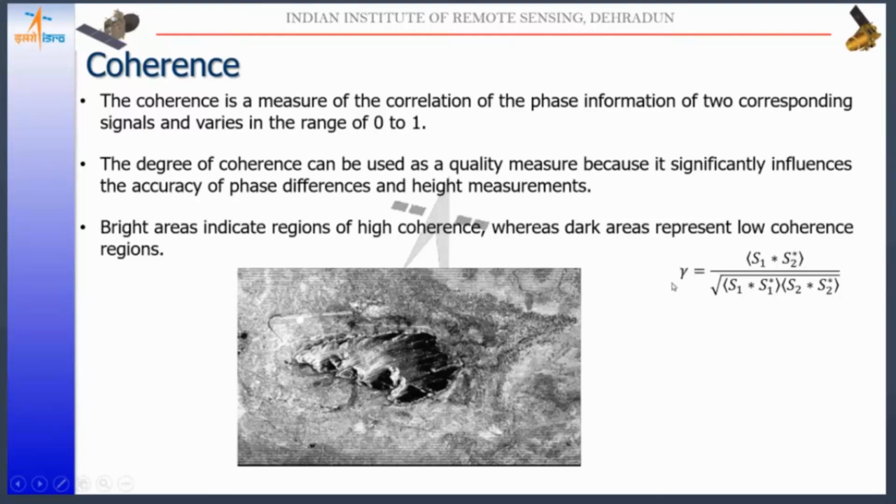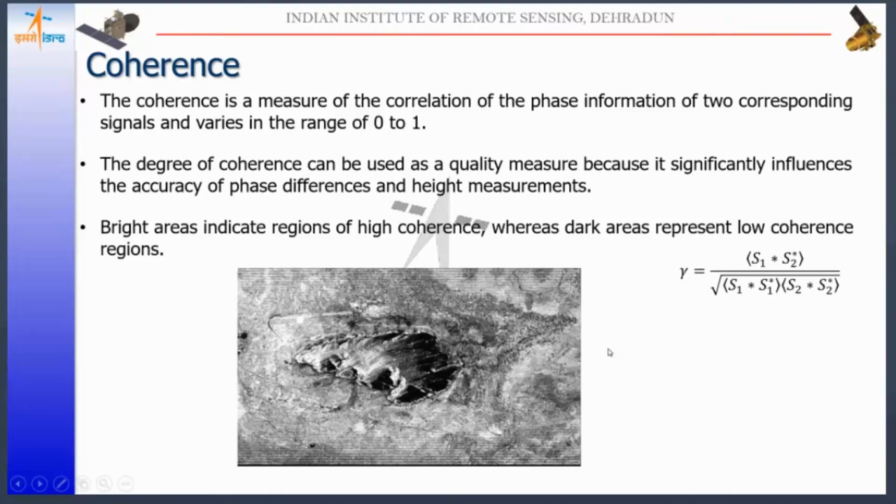First we will see how much coherence the image has. The brighter areas indicate regions of high coherence, and the dark areas represent low coherence regions. If the image looks bright and the value is greater than 0.4, then we can say the image has good coherence. So before doing anything in InSAR processing, we have to see the interferogram and first check the coherence.